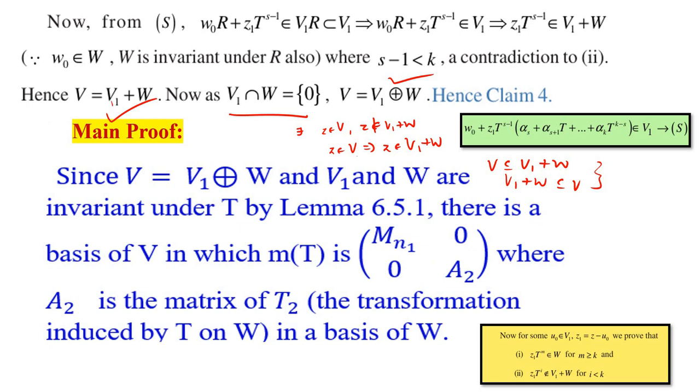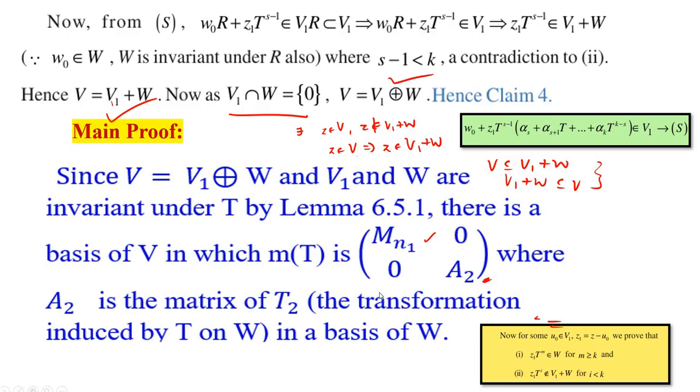For the first one we have taken it as Mn1, and the next one we do not know, that's for W. So we shall take it as some A2, where A2 is the matrix of the transformation induced by T on W in a basis of W.